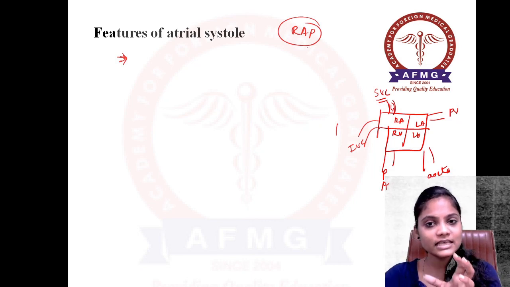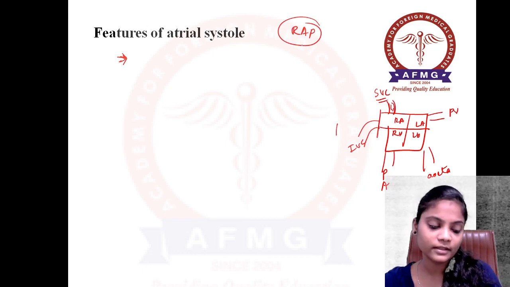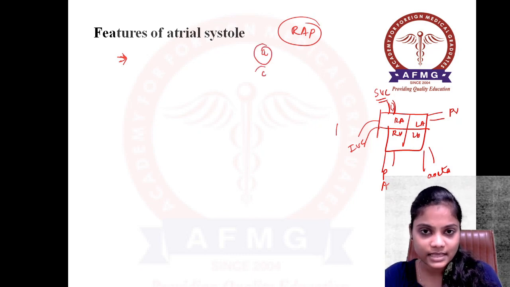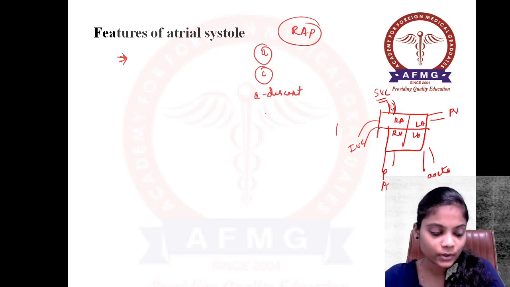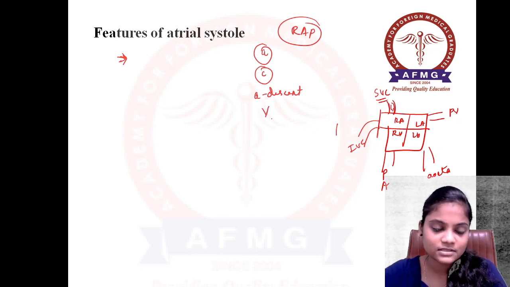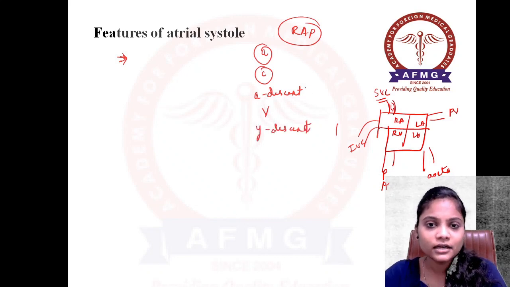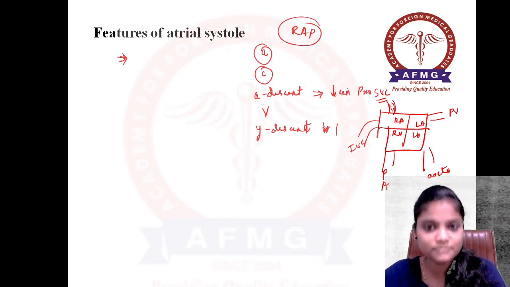If we are looking at the right atrial pressures, our scientists have depicted waves for them, and they have named the waves as well. What are the waves in right atrial pressure? A wave is there, C wave is there, then X descent, which means going downwards. Similarly, V wave is there and Y descent is there. Simple. If it is a descent, then there is a decrease in pressure.